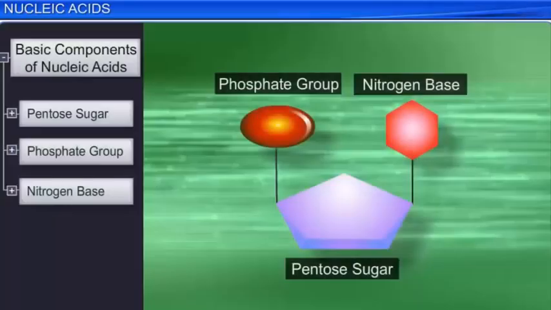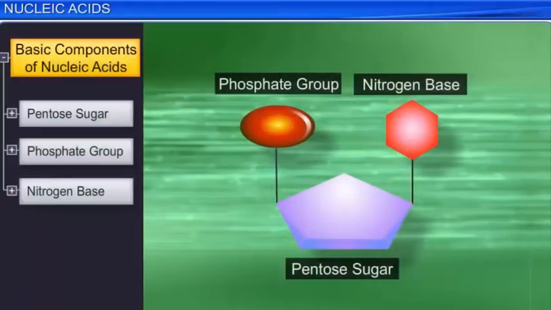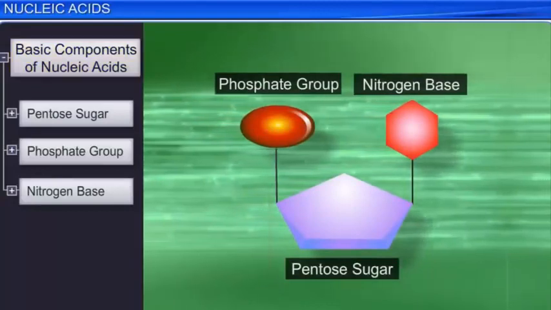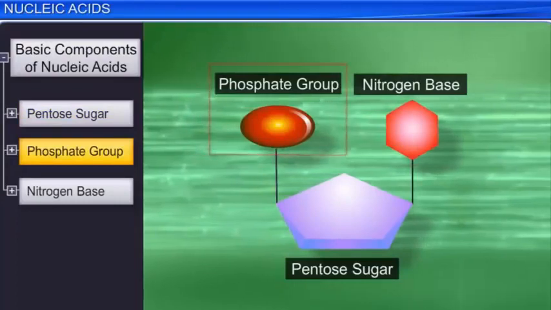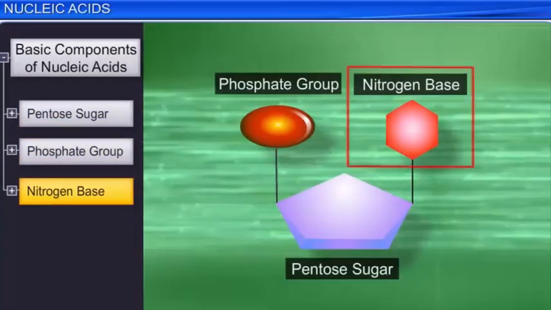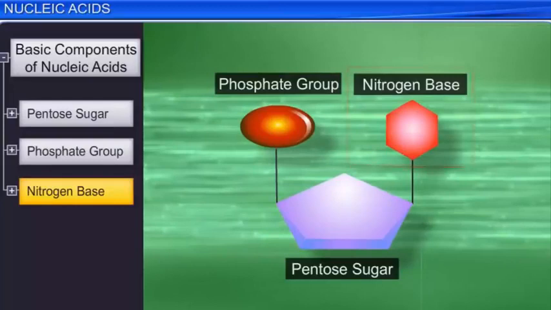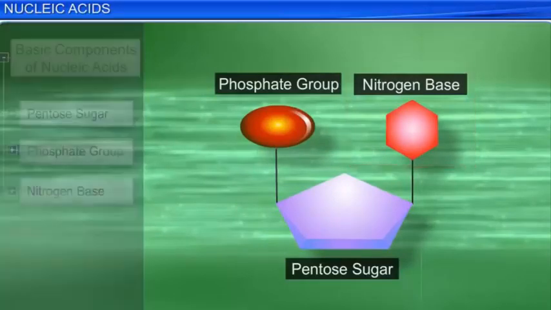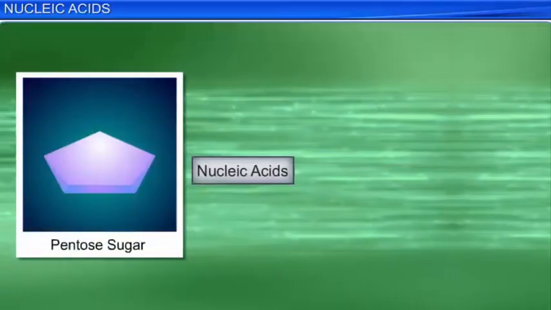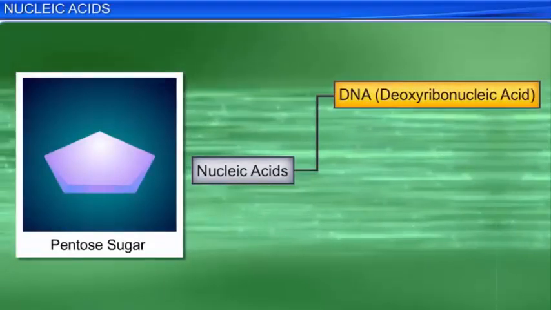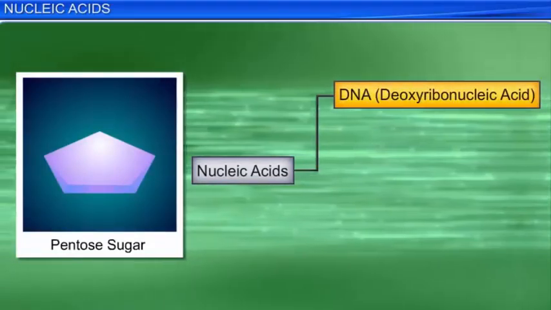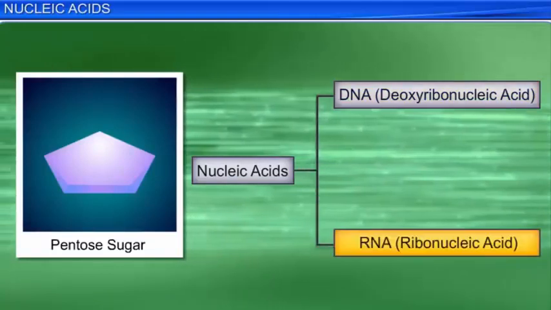The basic components of nucleic acids include a pentose sugar, a phosphate group, and nitrogen-containing heterocyclic compounds called nitrogen bases. Depending on the type of the pentose sugar present, nucleic acids can be broadly classified into DNA, deoxyribonucleic acid, and RNA, ribonucleic acid.